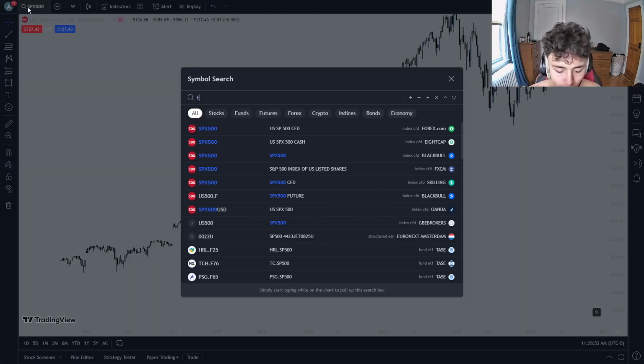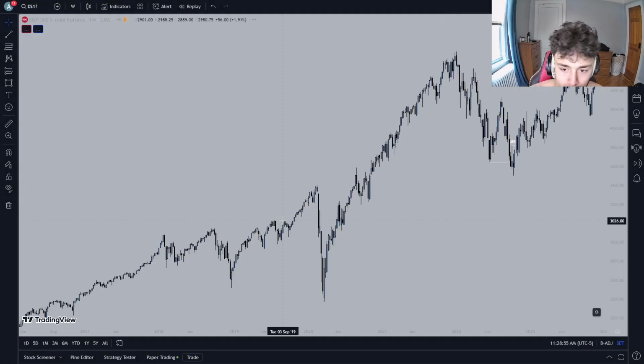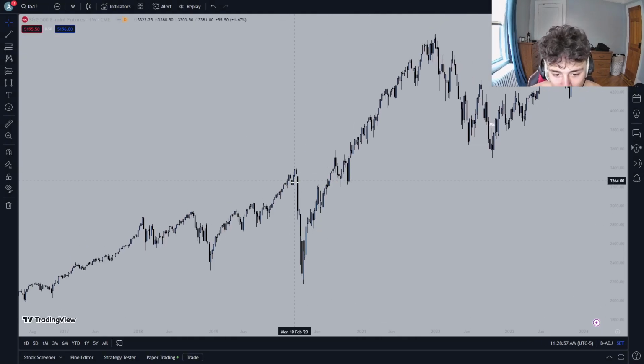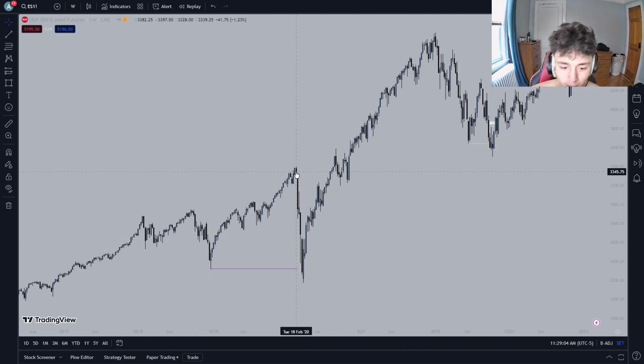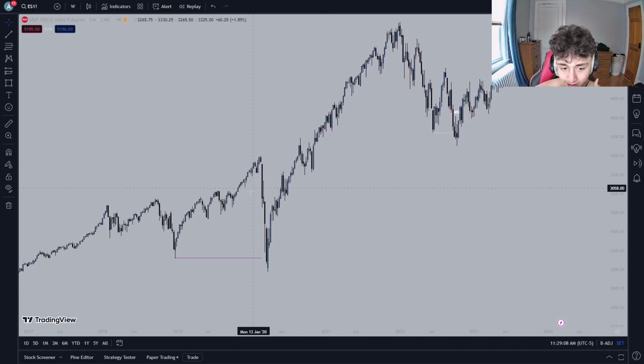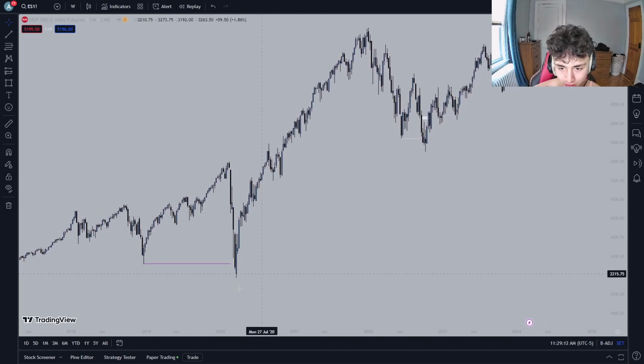Let me get a clearer chart. Let me go on ES. Completely drops, right? Takes out this low, so it sweeps this liquidity, demolishes for like 5 weeks, right? That's worth years in just 5 weeks. So everybody went broke there.